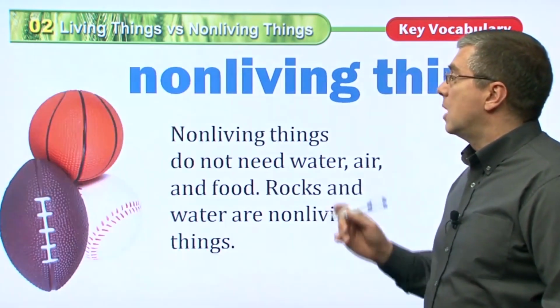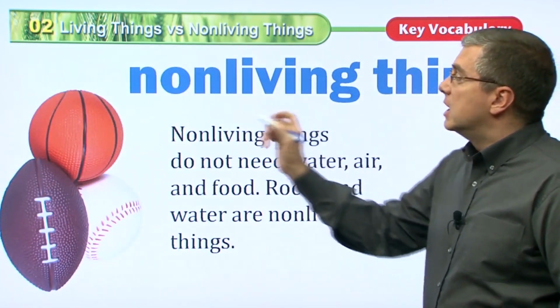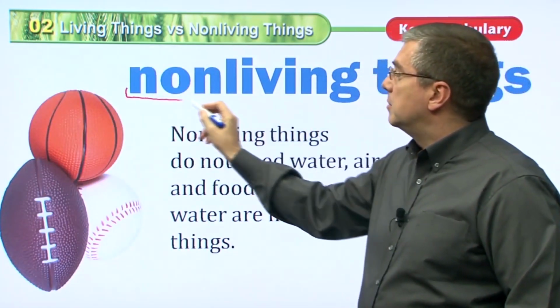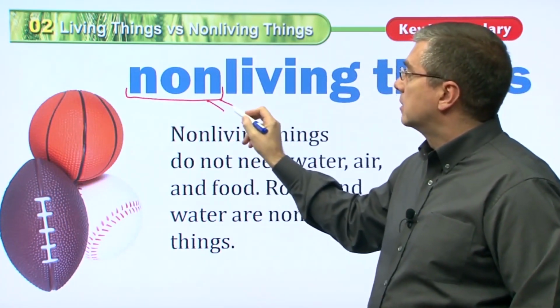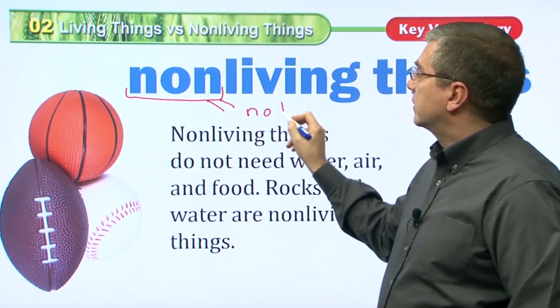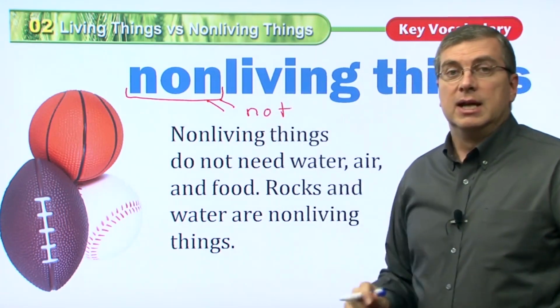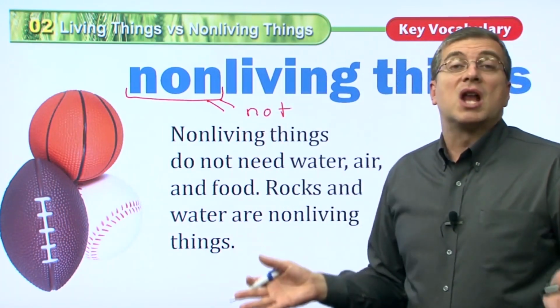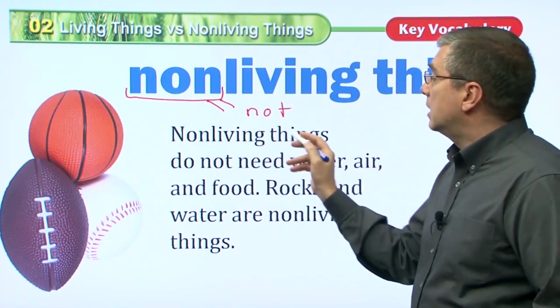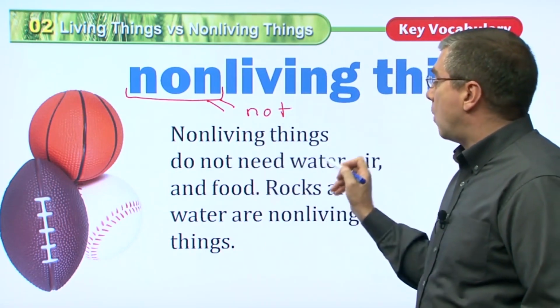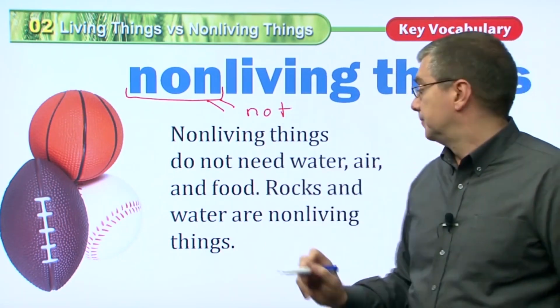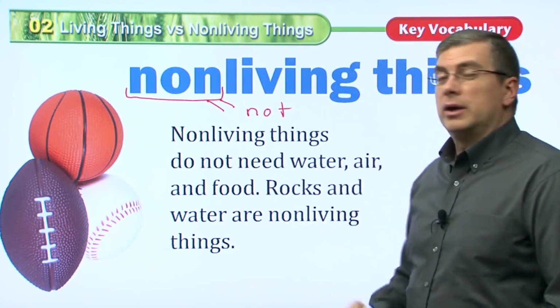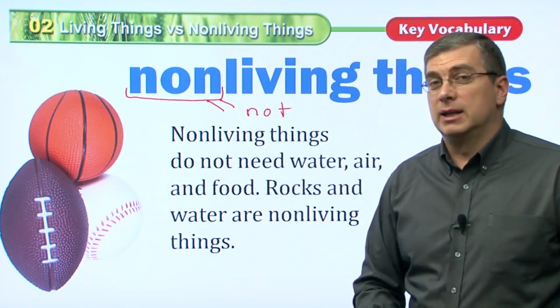As opposed to non-living things. Non, of course, means not. Not living means that they're not alive, right? It means non-living things do not need water, air, or food. Rocks and water are examples of non-living things.